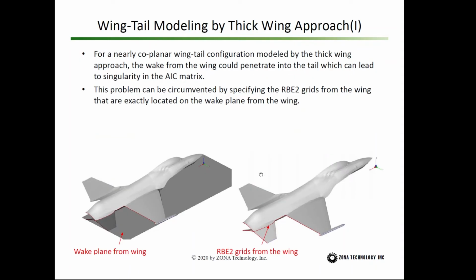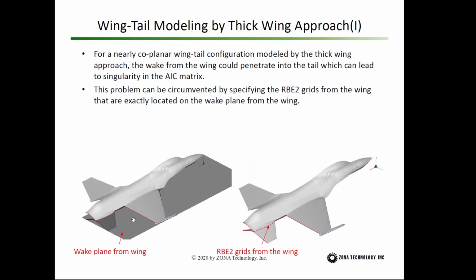Another case, if you have a wing tail configuration, and the wake from the wing, generated by the C-bar along the trailing edge of the wing, only partially intersects with the tail. So if you model both wing and tail by a thick wing model, how do you set up the RBE2 grid?